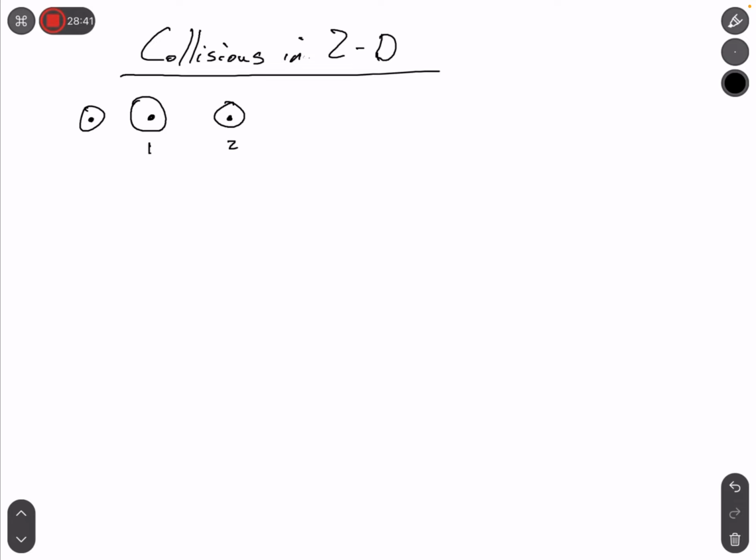Okay, so let's do a couple. In fact, I don't like what I've drawn here. Let's have this ball hit this ball, and they're in line with each other somewhat to a point.